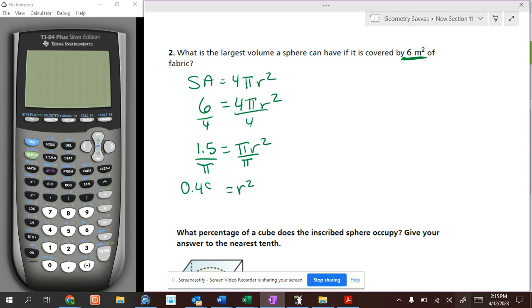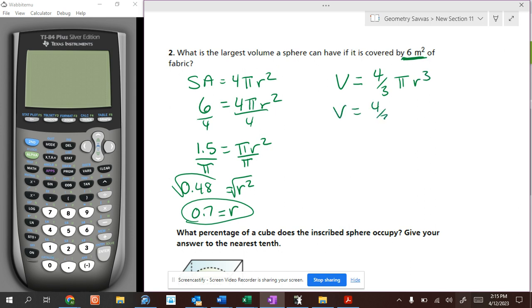Then divide by pi. What's 1.5 divided by pi? 0.48 something. If we take the square root of that, I bet r is something about 0.7, right? Really close to 0.7. 0.69 something. Okay, now let's find the volume of the sphere. How big is the ball? Well, the radius is 0.7. So we go 4/3 pi r cubed.